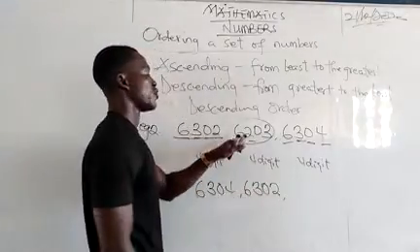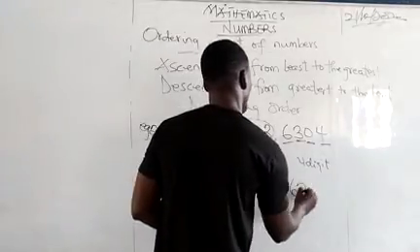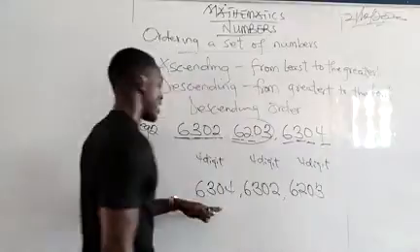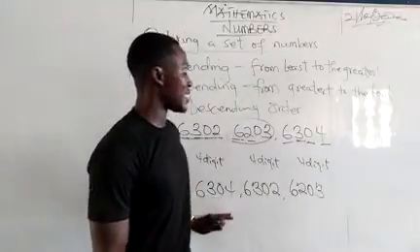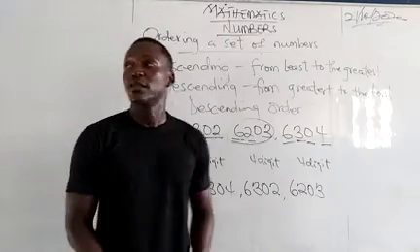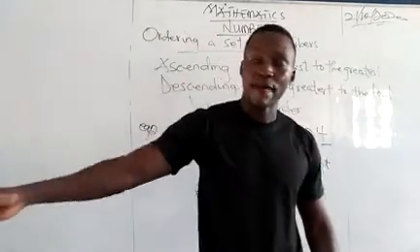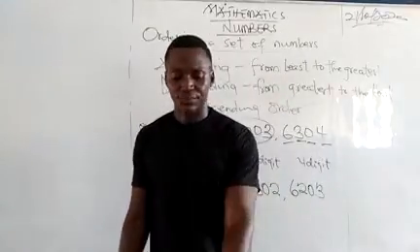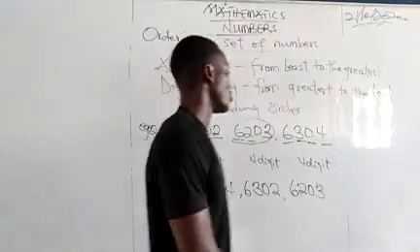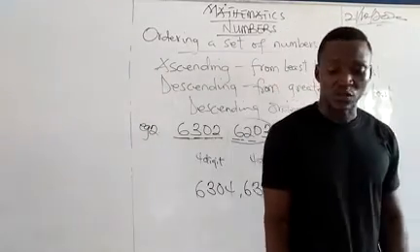Then lastly we bring 6203. So this one is from the higher to the lower one, and ascending is from the least to the higher one. Alright, we are going to solve more examples when your assignment is given.